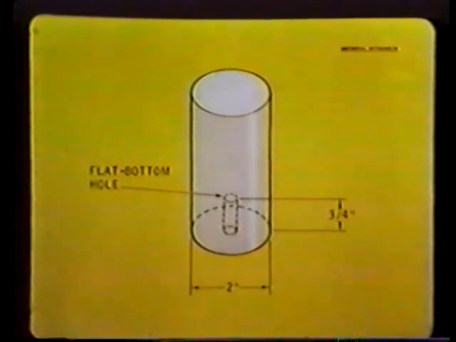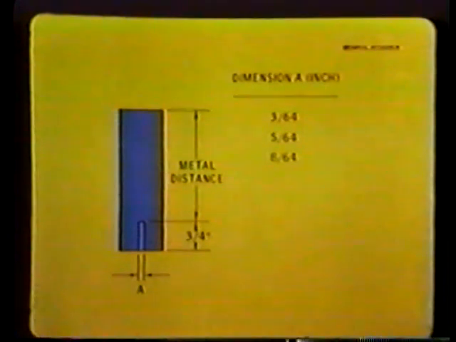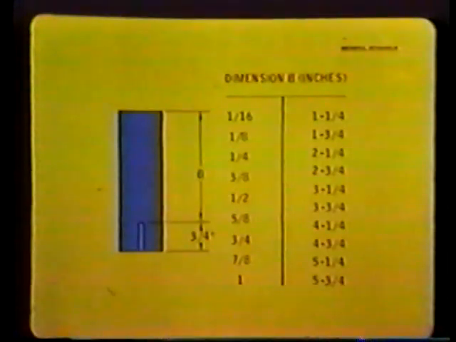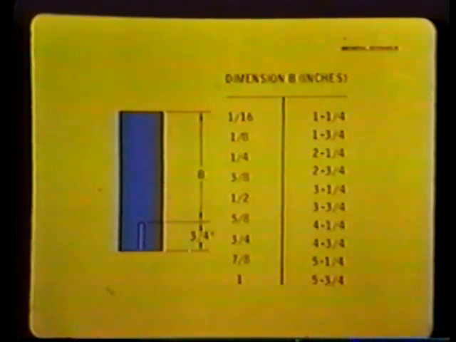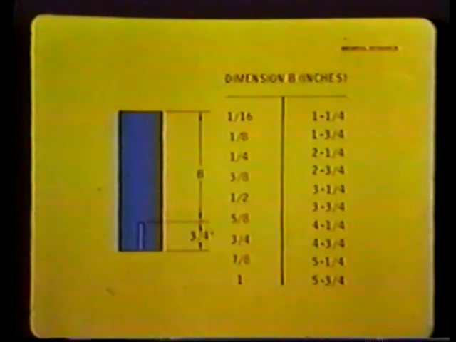Hole diameter, dimension A, depends on the block set, each block in a set having the same diameter hole, the diameters being 3/64, 5/64, and 8/64 inch. Metal distances, dimension B, are 1/16 inch, 1/8 inch through 1 inch in 1/8 inch increments, and 1 1/4 inches through 5 3/4 inches in 1/2 inch increments.